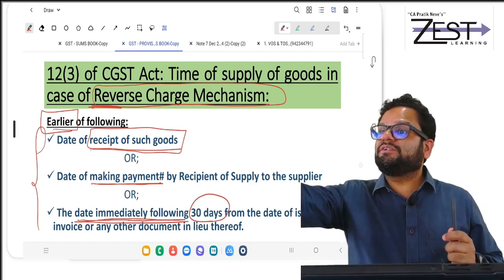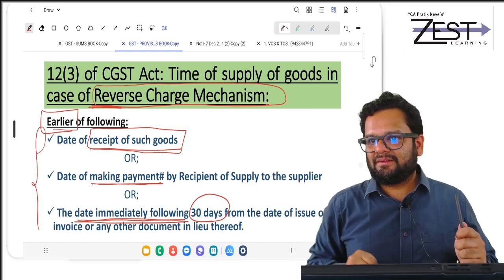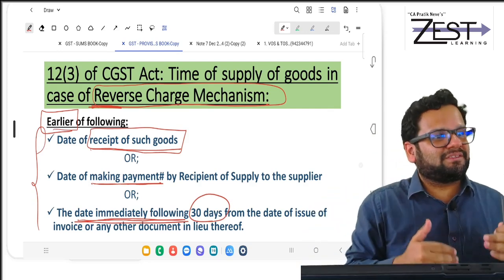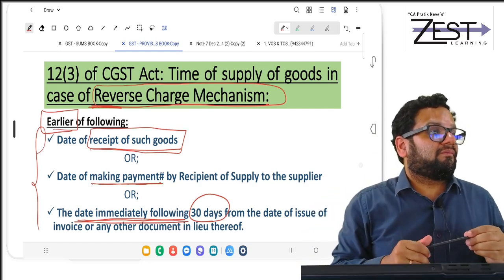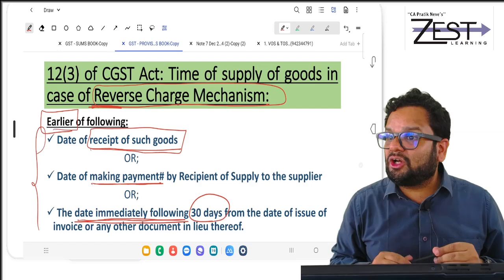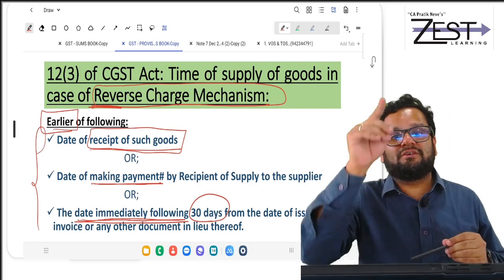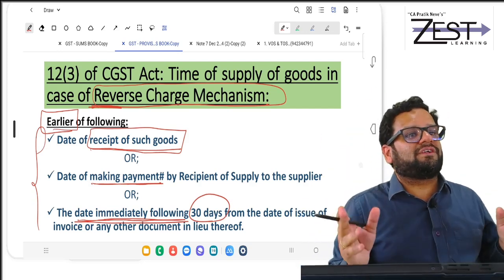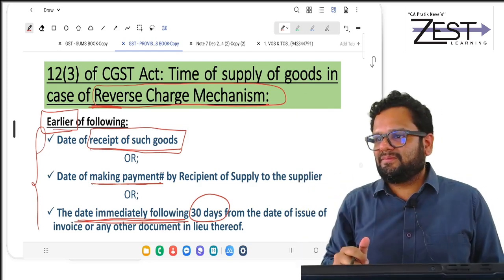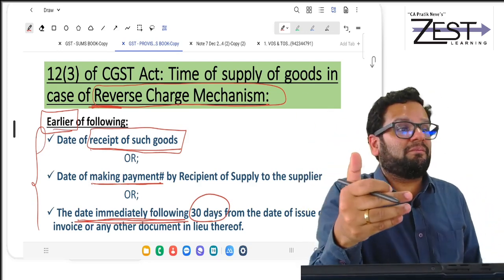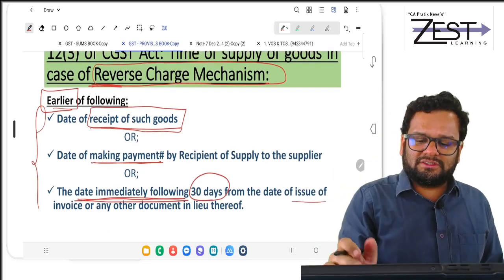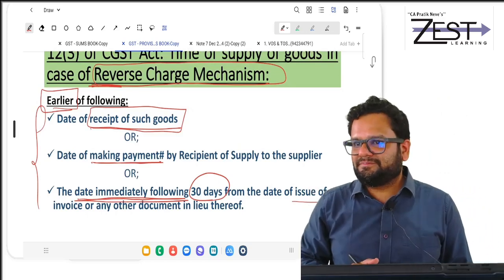They say check when you receive the goods. Both are good events to decide when supply has taken place. But we can't wait beyond 30 days from the date of invoice. That's why 31st day. You will say, where is 31st written? 31st is not written, but date immediately following 30 will be 31st day from the date of invoice, whichever is earlier.